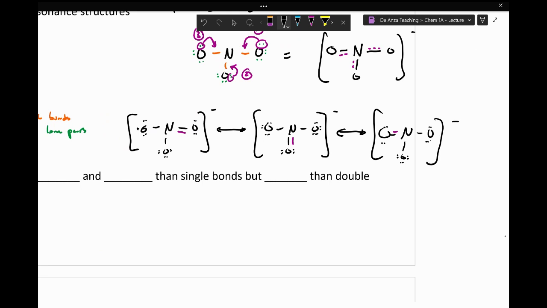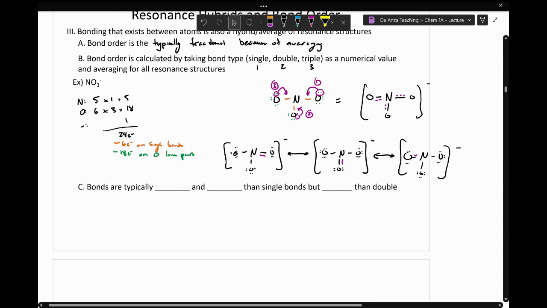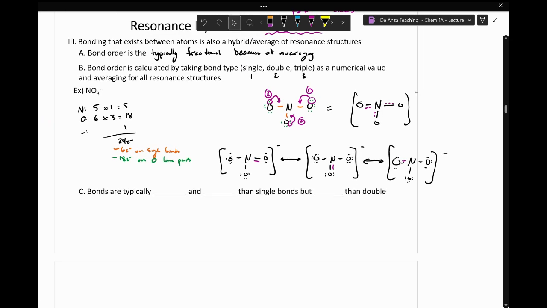And in order to calculate bond order for these, we're going to look at, in each of these structures, we'll pick one of the nitrogen-oxygen bonds. So we'll look at this one. And so in order to calculate that bond order for the true structure, which is the structure that we have above, we're going to look at how many bonds that nitrogen forms with oxygen in each different case.